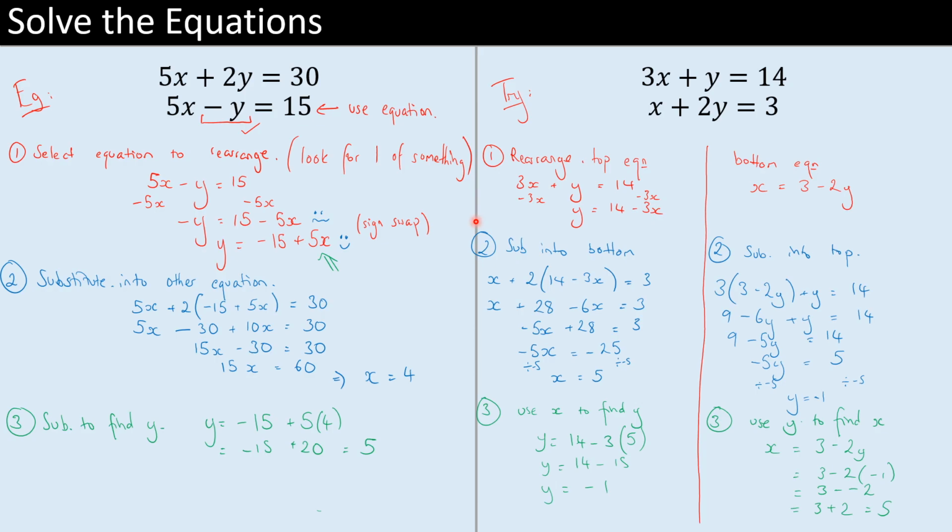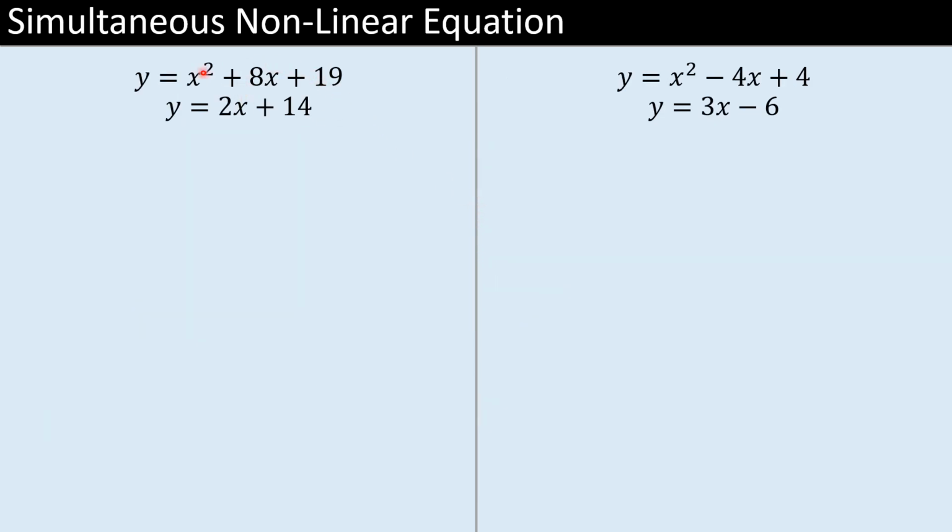The problem that we have, though, with these other equations, the ones which we're going to focus on today, is that we can't use elimination methods to solve these, because no matter what we multiply by, we would be left with something which we can't get rid of. I'll just quickly show you what I mean.